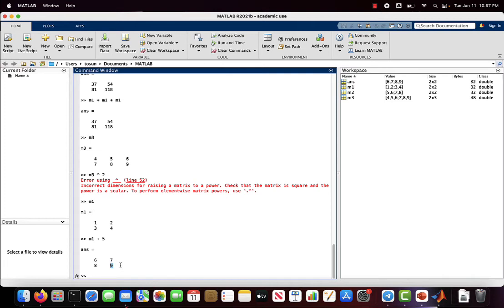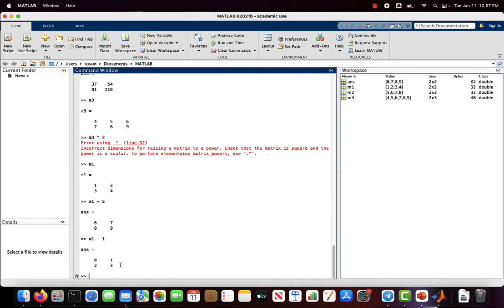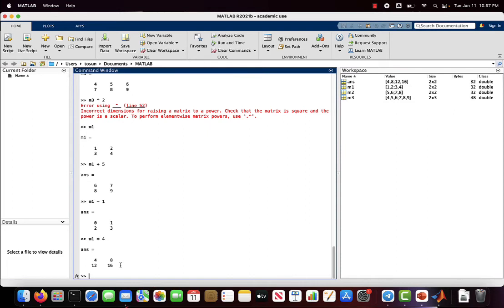And we can do the same thing for the subtraction. m1 minus 1 will be 0 1 2 3. m1 multiply 4 will be 4 8 12 and 16, because we multiplied each element with 4.